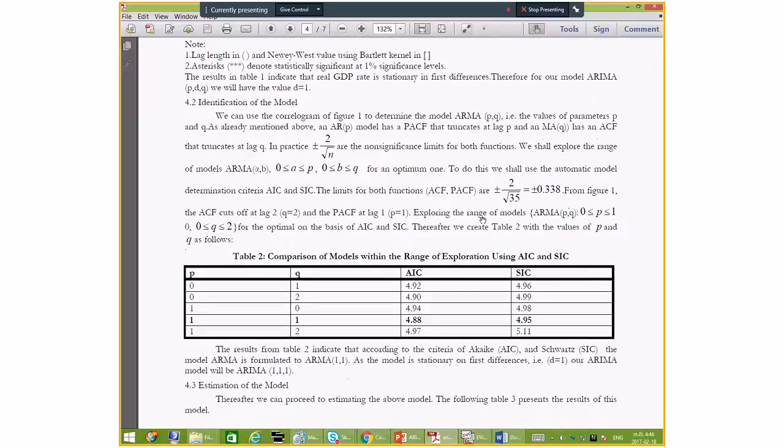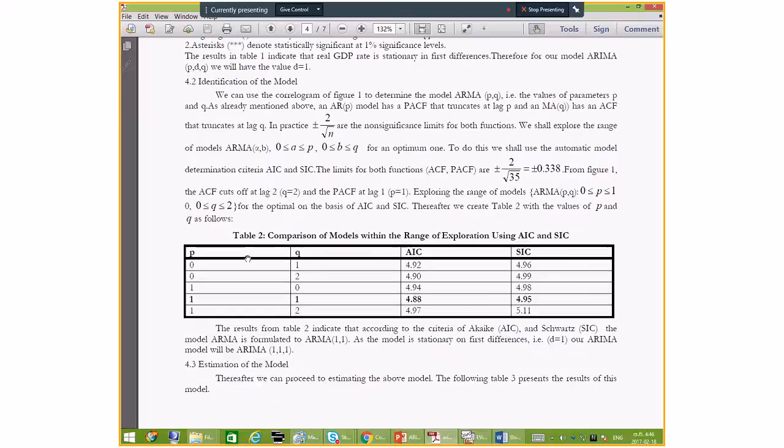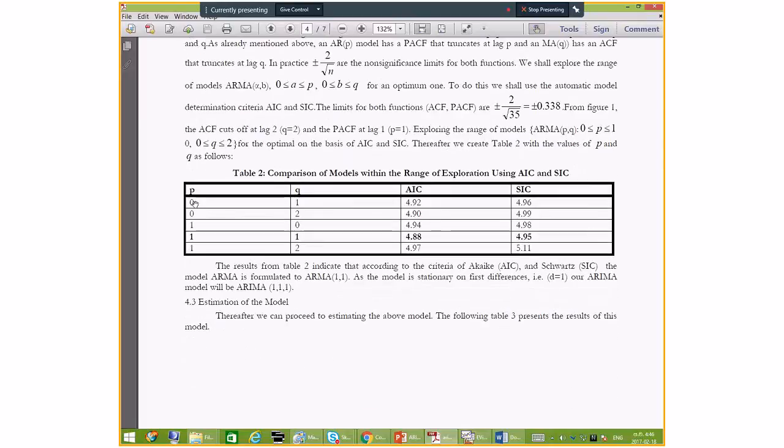Then the range of the ARMA(P,Q) model is P 0 or 1, Q 0, 1 or 2, and the optimal one is chosen on the basis of AIC and SIC. So we create table 2 with the values of P and Q as follows. For P0 Q1, the Akaike information criteria is 4.92 and the Schwarz information criteria 4.96. For P0 Q2 it is 4.9 and then 4.99.